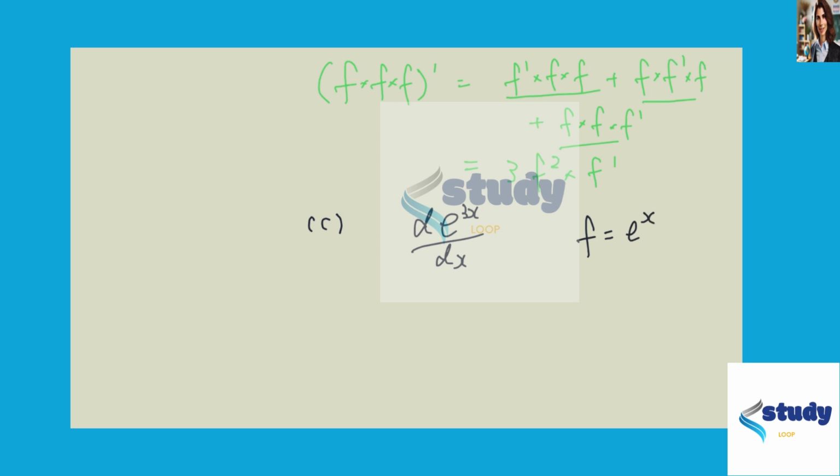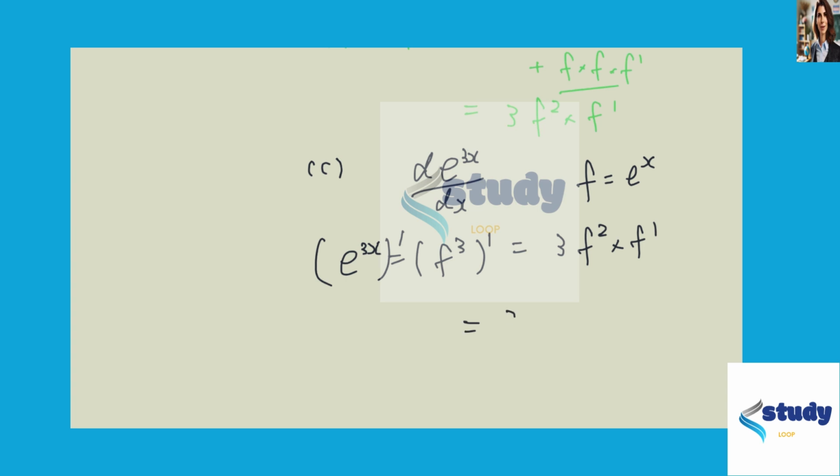So again, e to the power 3x will be equal to f cubed, and the derivative will be equal to 3 times f to the power 2 times f prime. So it will be equal to 3 times e to the power 2x times, as f is equal to e to the power x, we know the derivative of f is again equal to e to the power x.